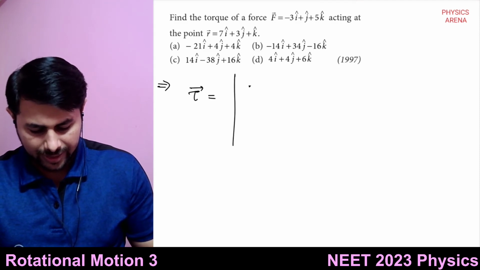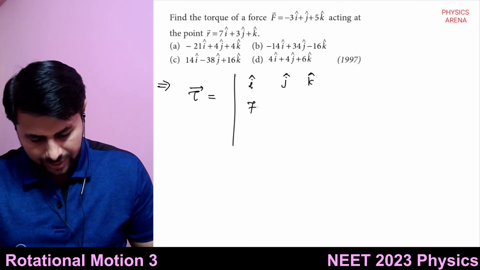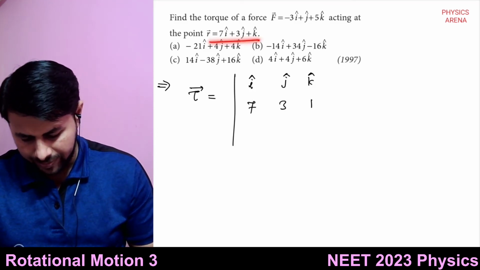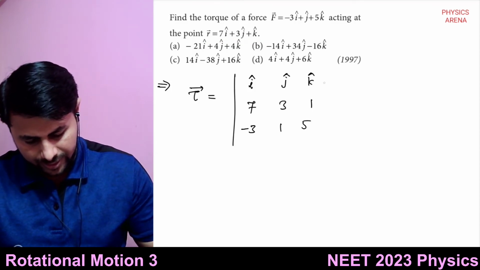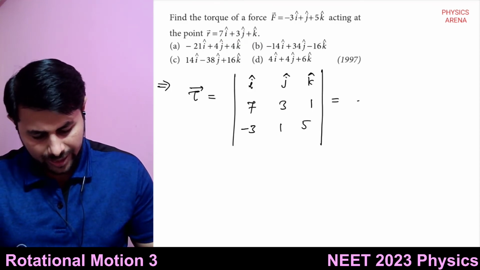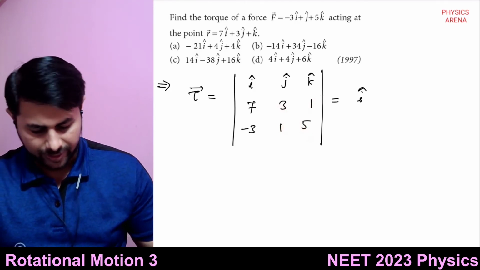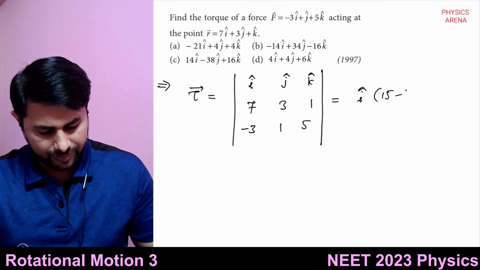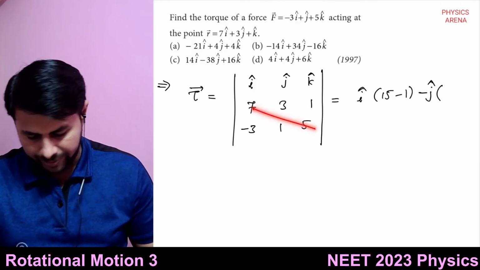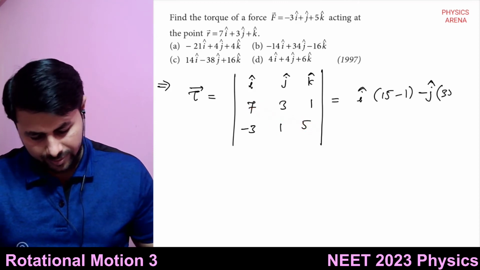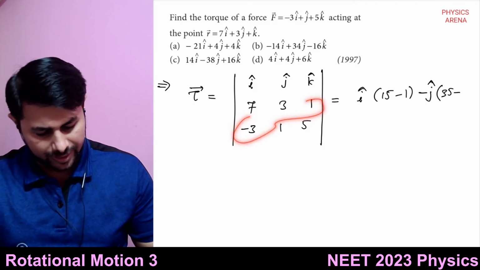It is the determinant of I, J, K, then 7, 3, 1 which is R bar, and minus 3, 1, 5, which is the force. This is equal to I multiplied by 3 times 5 minus 1 times 1, that's 15 minus 1, minus J multiplied by 7 times 5, 35, minus 3 times 1, so it's minus 3.